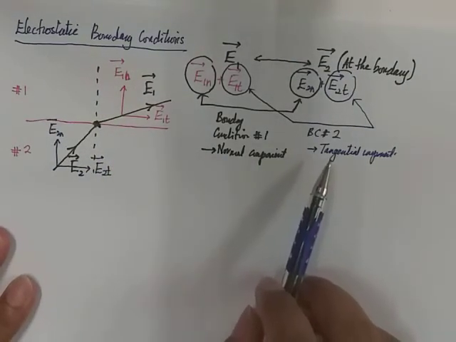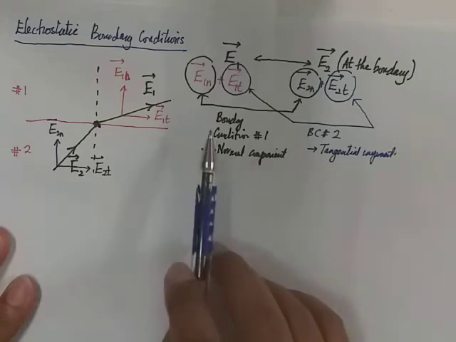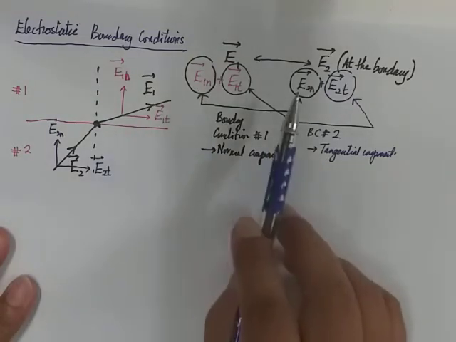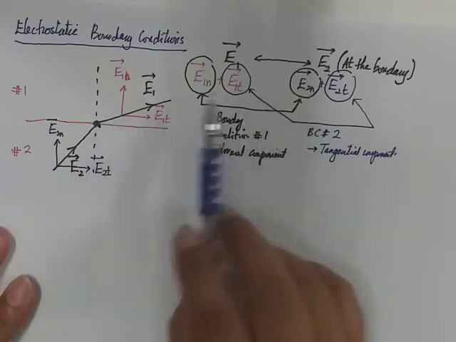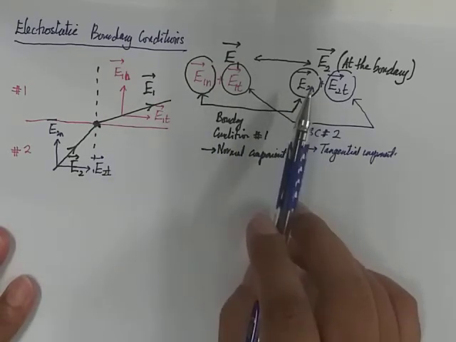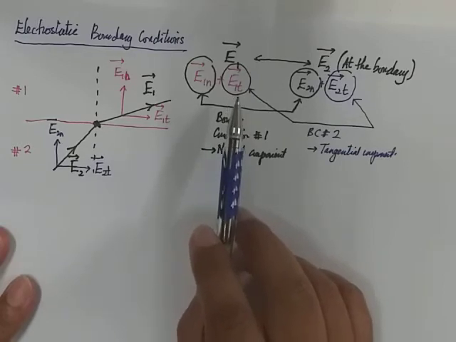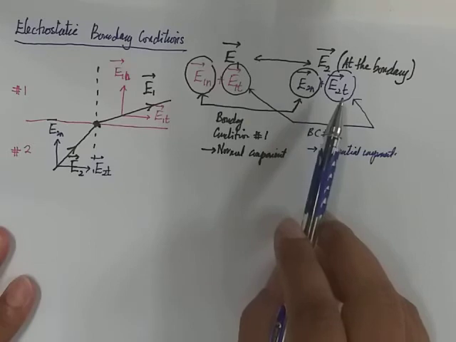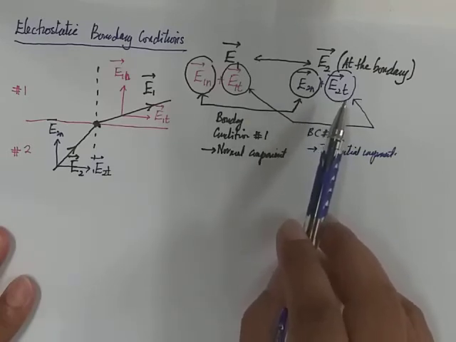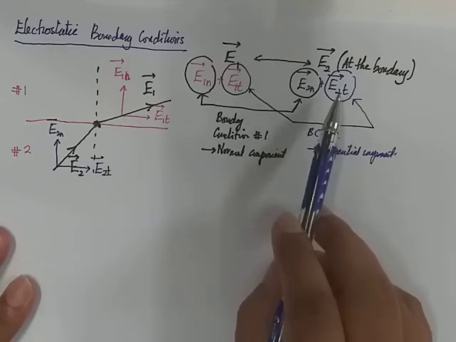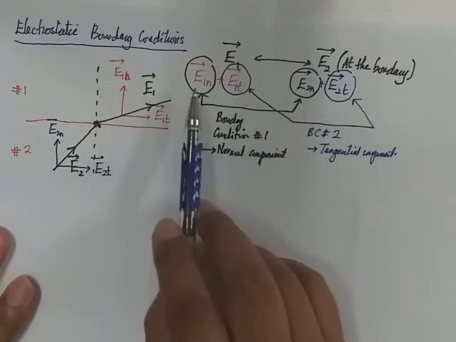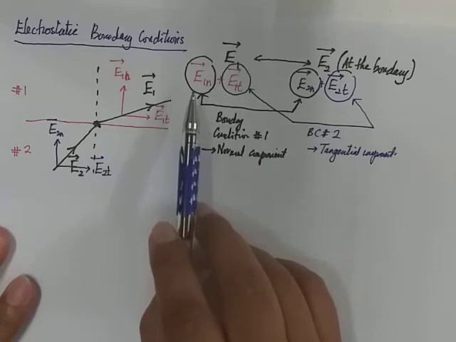Okay, so that's what we have to do, because it's easier to relate normal to normal since the direction is fixed. Both components are always normal to the boundary, correct? And it's also much easier to relate this parallel component to this parallel component because the direction is still fixed. Wherever you change the boundary condition, the parallel is always parallel, the normal is always normal.